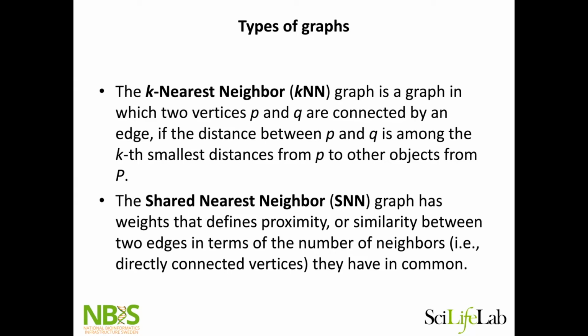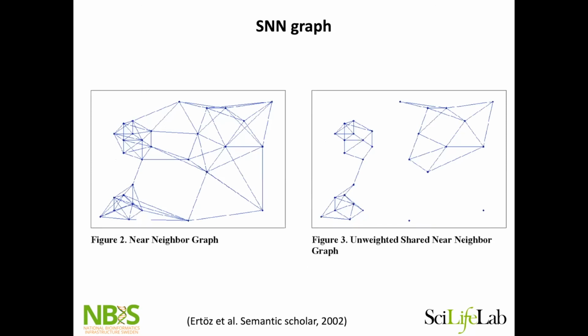We take the KNN graph and calculate how many shared neighbors two cells have, and we score the edge between those two cells based on how many shared neighbors they have. This can be done in several different ways, but I have an example here.